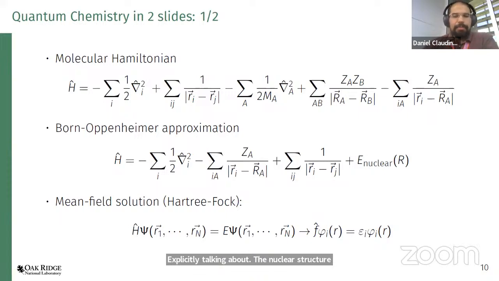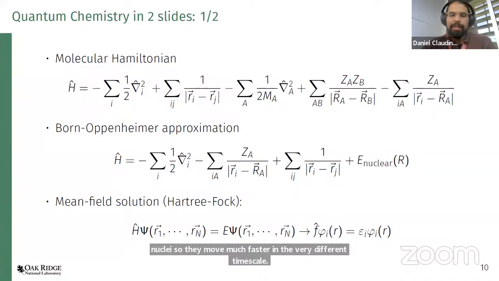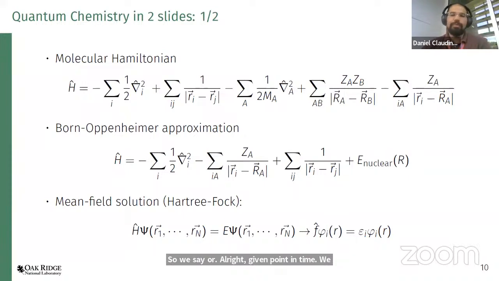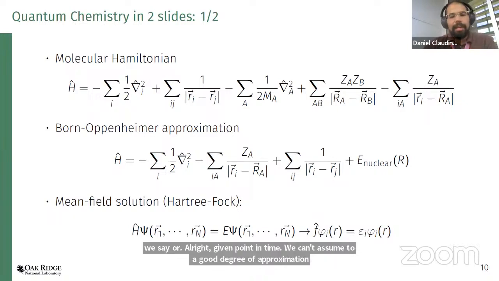Now we go one step further and introduce the Born-Oppenheimer approximation. The idea is the electrons are much lighter than the nuclei, so they move much faster, on a very different time scale. So for a given point in time, we can assume, to a good degree of approximation, that the nuclei are frozen as far as the electrons are concerned. There are some instances where the approximation breaks down, but most of the time it holds well.